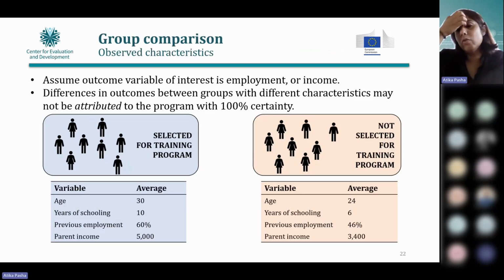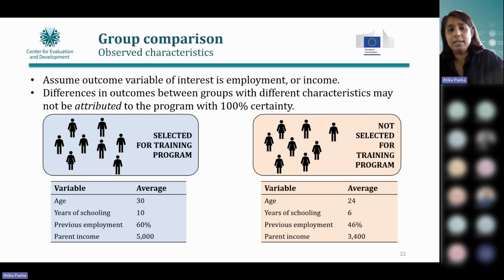So just to give you very brief examples, our eventual goal is that these trained youths are better able to find employment, so they will be employed after the end of the program, and they will have better and higher incomes and maybe a stable source of income, right? And so knowing this, let's just compare the two sets of individuals that we have selected or not selected into the training program.